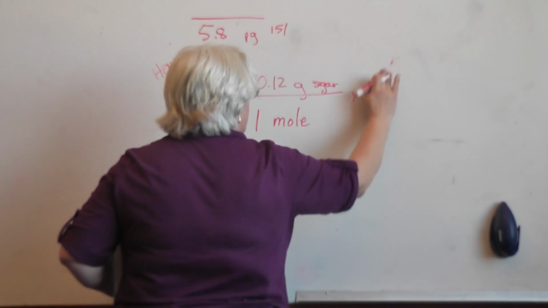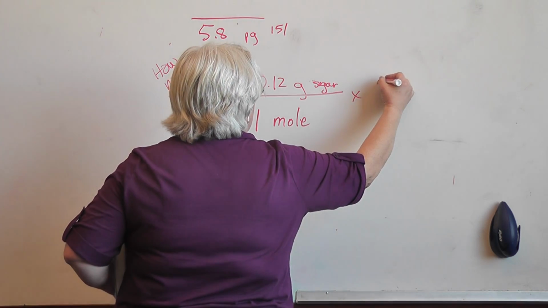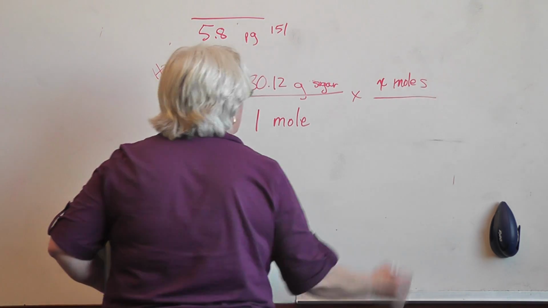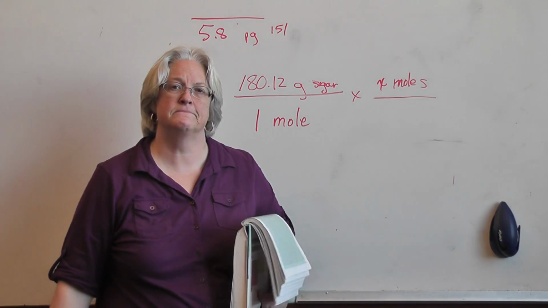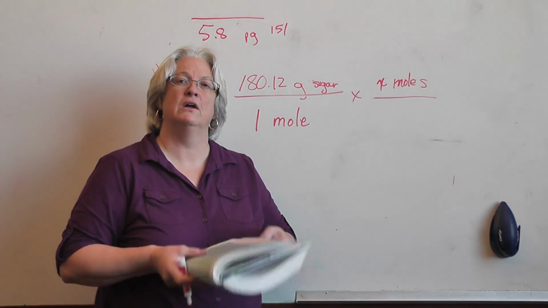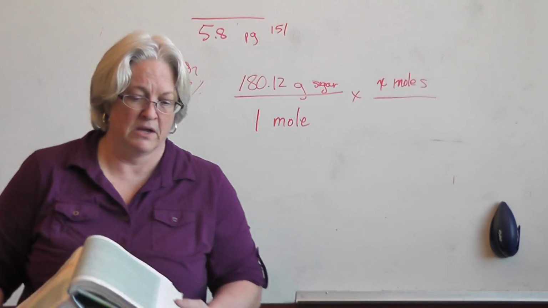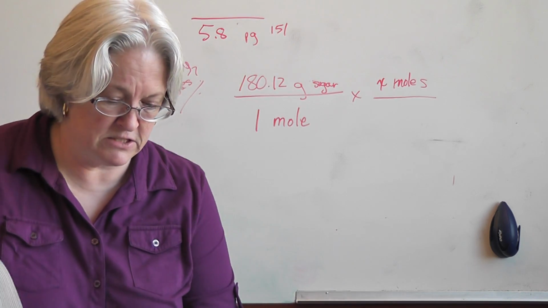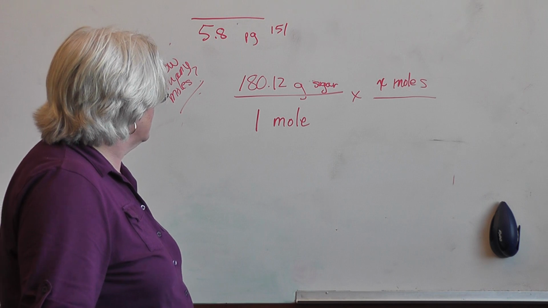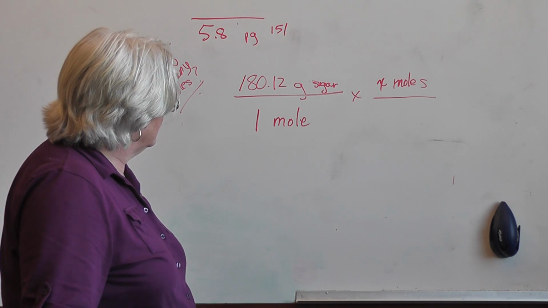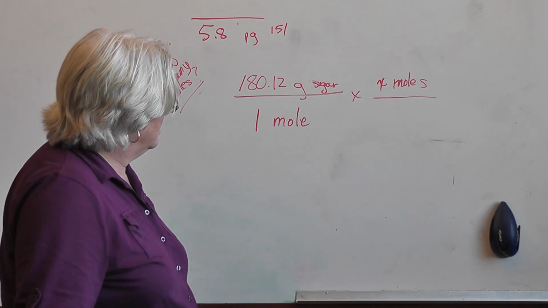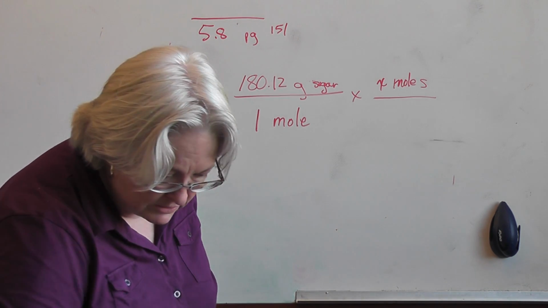So how many moles are there if we have 1.25 kilograms of sugar? Let's see if I like the way that I did this. Don't think I do like the way I did that.